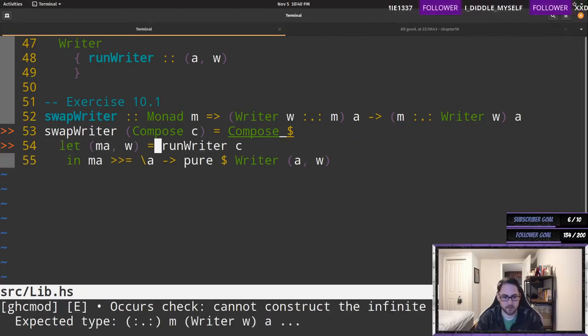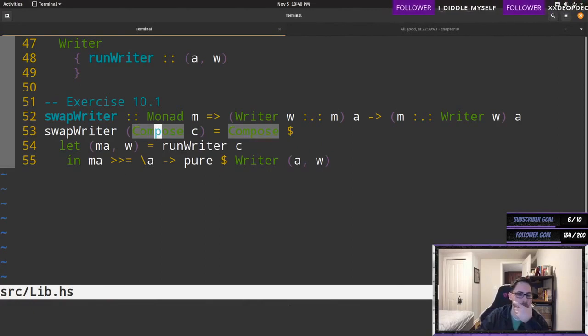Apparently I cannot. No, because I have to bind across first. So it's a little awkward. I'm not sure if there's a better way to do this. Maybe there's a lens or something.